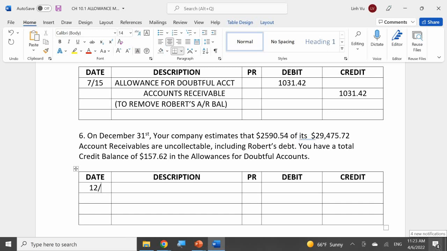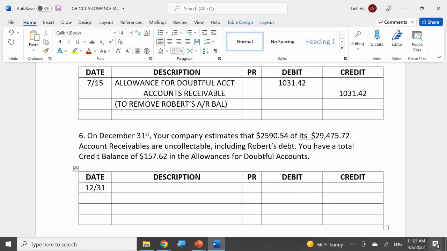Account receivable? No. Look at the scenario again. It's December 31st. We reach the end of the accounting period. Okay, close. Close what?